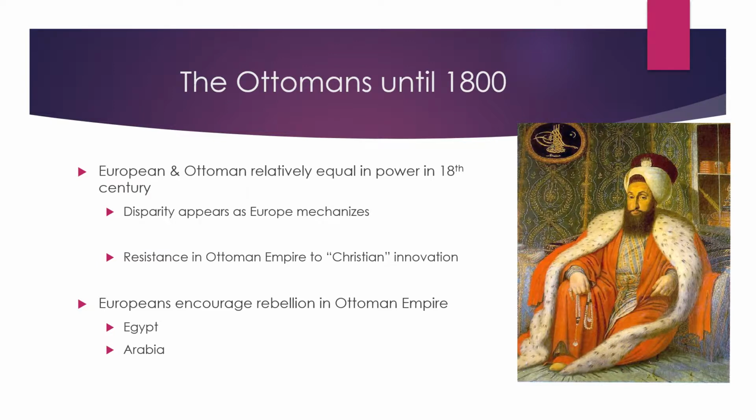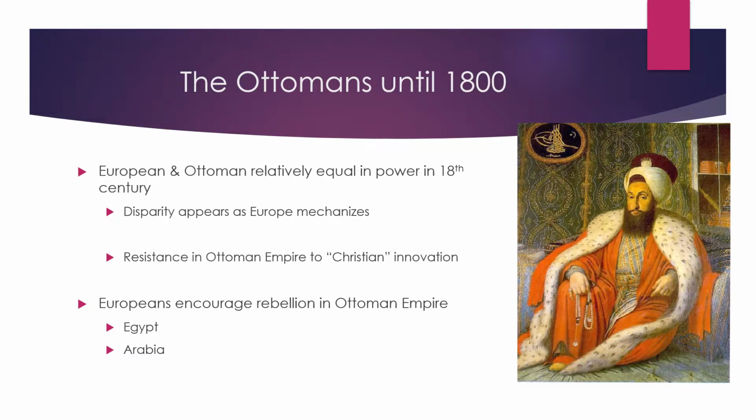Now, the Ottomans up until 1800, they are relatively equivalent to any given European power vis-a-vis the military, with economic influence, and in general standard of living. That all begins to fall by the wayside in the 1800s.